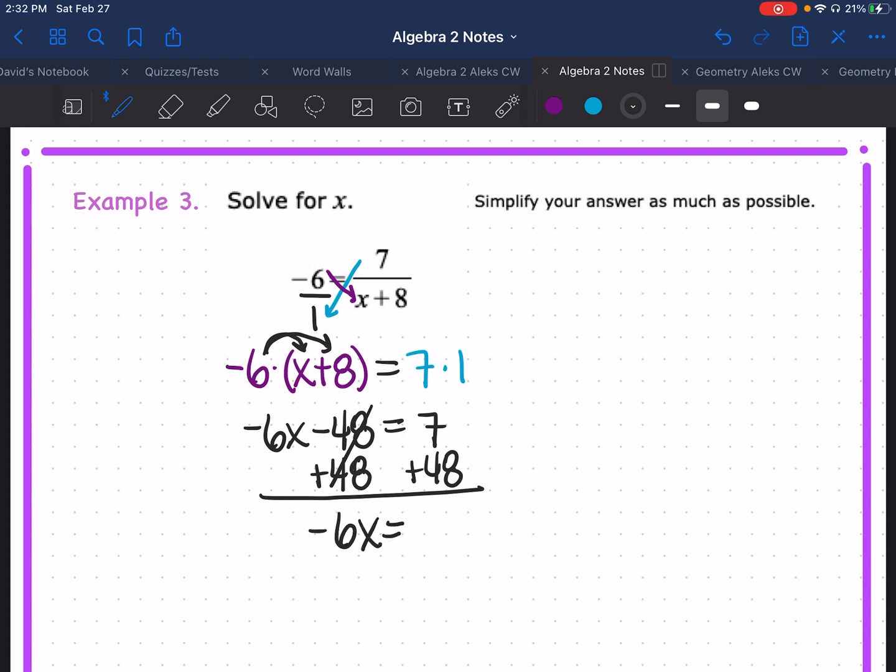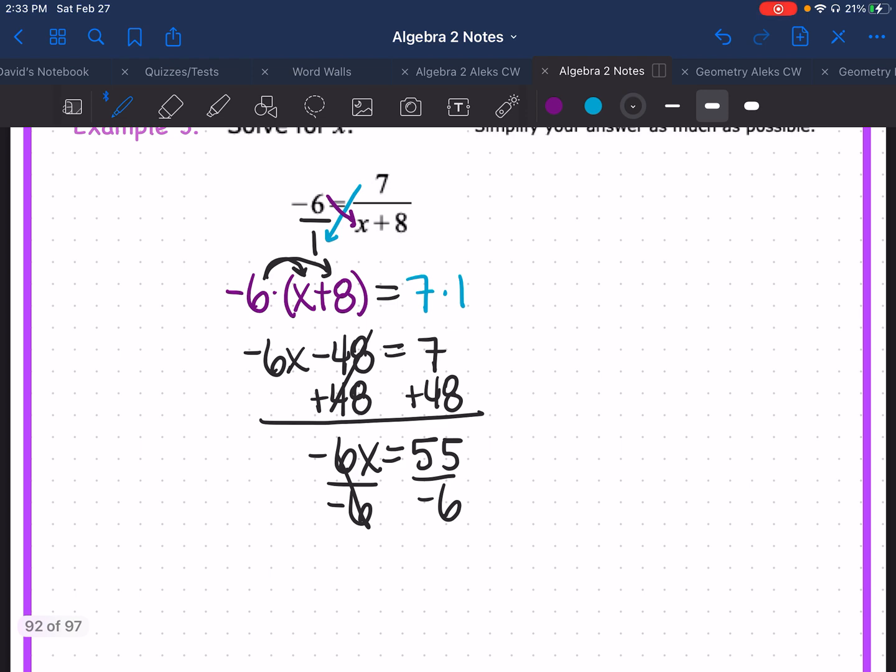Negative 7 plus 48 is 55. We're going to divide by negative 6. We need to make sure that we are simplifying as much as possible, which means we're looking to see, is there a number that divides into both 55 and negative 6? No, but I would put my negative sign first and then make my fraction. Okay?